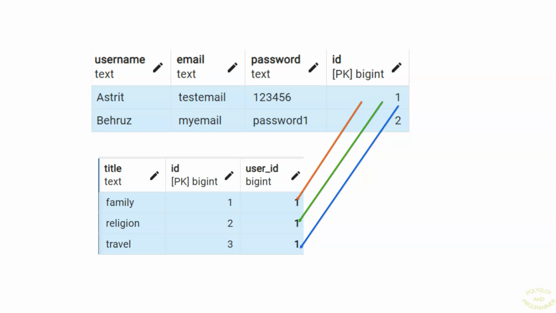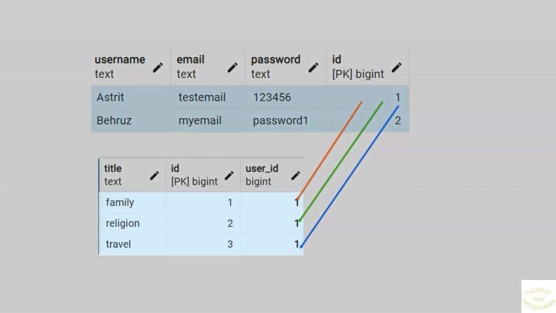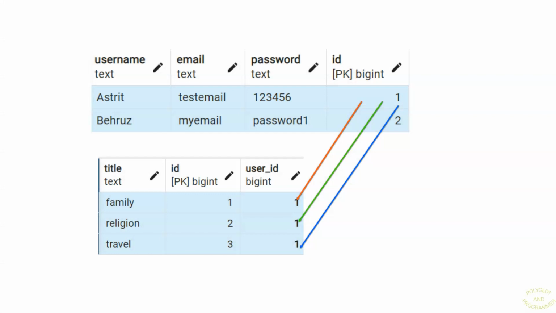So the user ID column of the category table, which is a foreign key, references the ID column of the user table. So we have now formed a relationship. We have related these three categories right here to the user with ID 1 right there. That is how we're going to implement a one-to-many and a many-to-one kind of relationship. So now let's go to pgAdmin and set up this relationship.